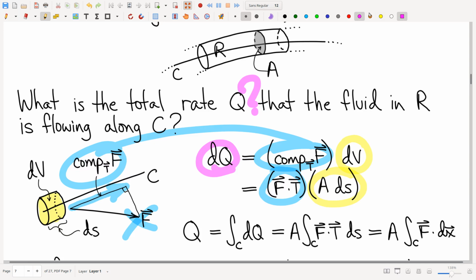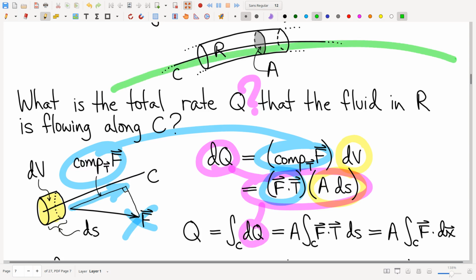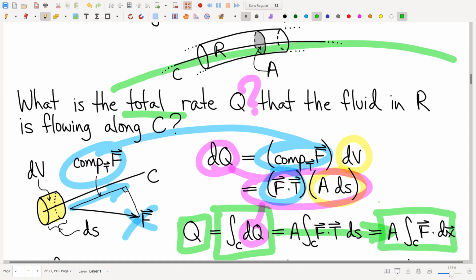I then take this little piece of what I'm interested in and add that up over the entire curve to get the total rate of the fluid flowing along the curve. Again, for whatever reason, it's not clear why we care about this. But you can just write this all down and move along, and here's what your answer ends up being. Now, we're not done yet.